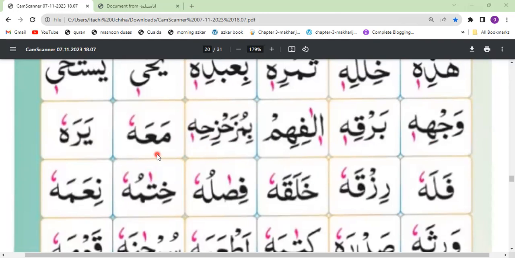Ma'ahu. Yara-hu. Good. Falahu. Rizqihi. Good. Khalaqahu. Yeah, the letter kha more strongly, with a KH sound.